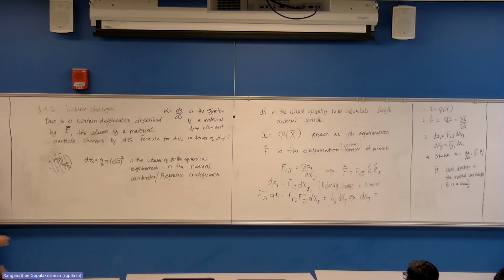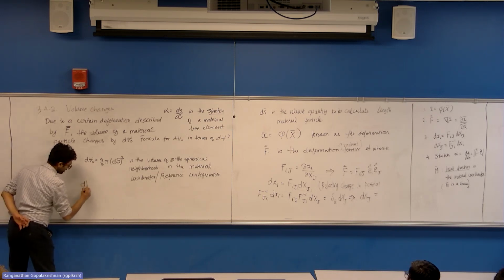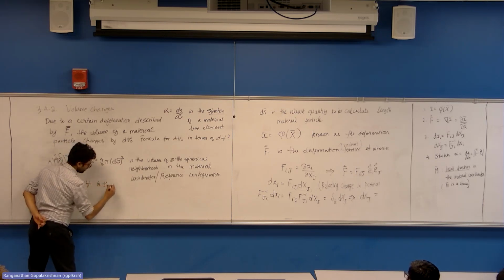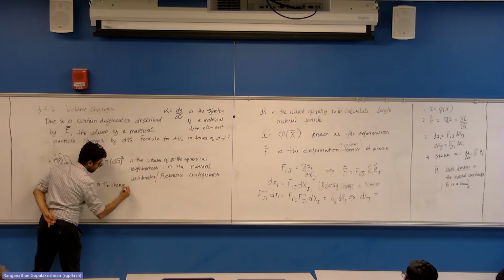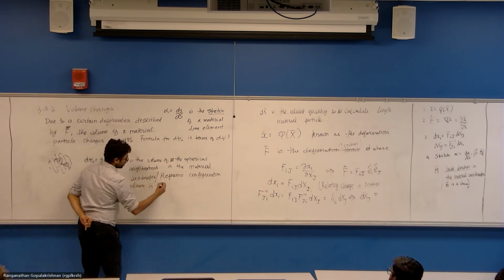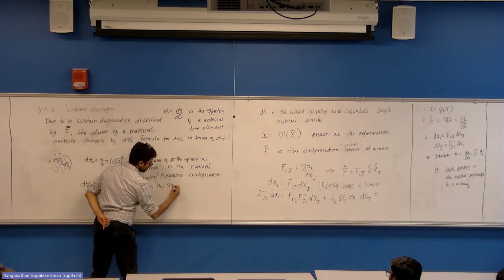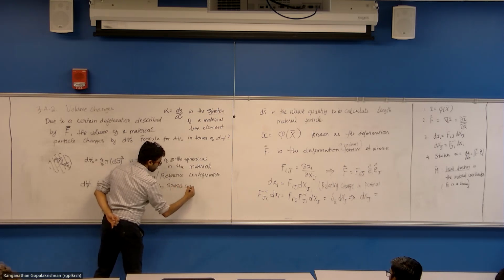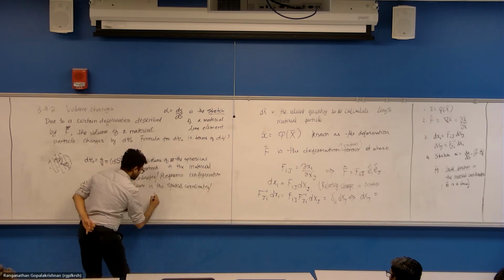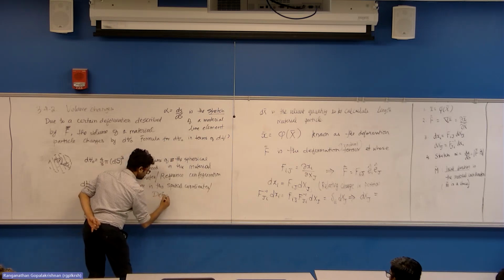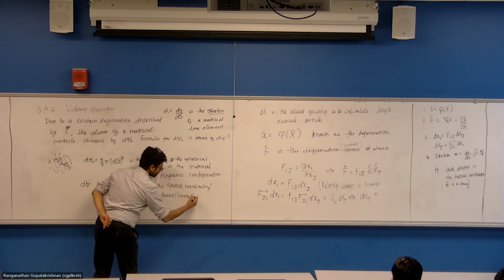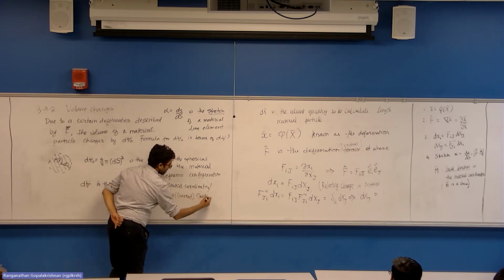What we want to get is dV. dV is the change in volume in the spatial coordinates or deformed or current configuration.